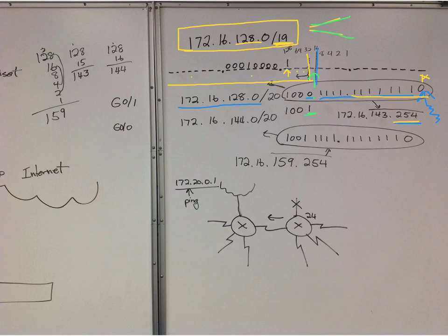That's 254. The 143, that comes from this group. So you got 128 plus these 1s, which is 15. And that's how we got 143. Well, it's not easy, but if you keep working at it, it will come around.